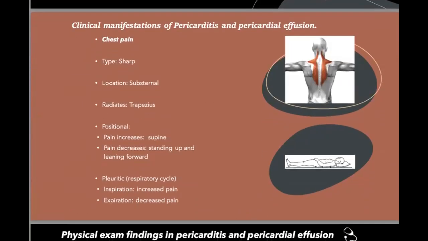So coming to the clinical manifestations of pericarditis and pericardial effusion. Just to mention about pericardial effusion, what is happening when we have inflammation in the pericardium is that a lot of cytokines are released, and the cytokines cause the blood vessels to become more permeable.